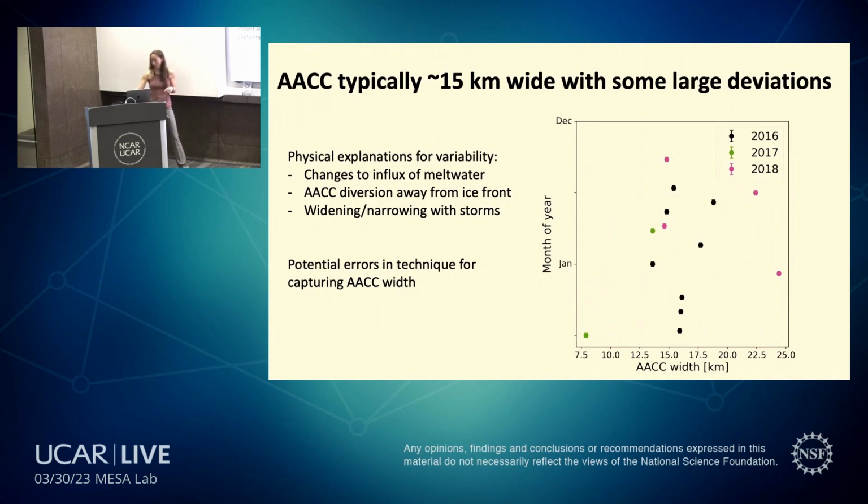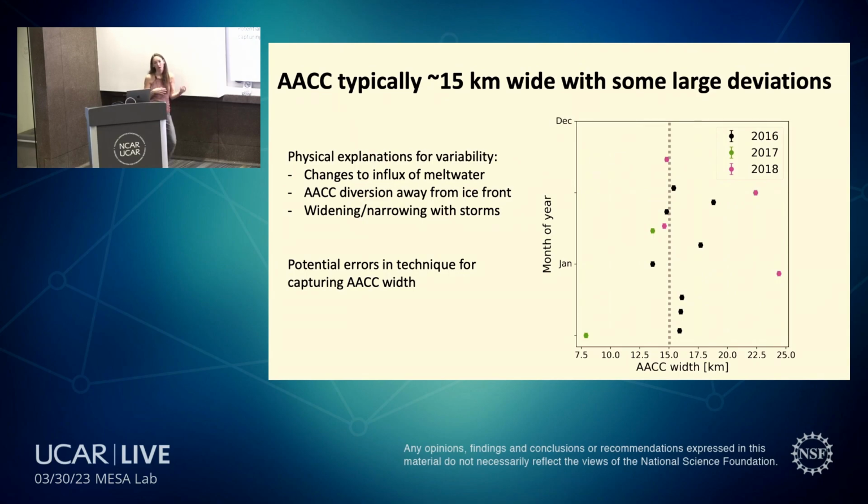And what you may notice is that the coastal current runs about 15 kilometers wide in this area on average, but there's a bit of deviation, and that variability can be related to changes in meltwater influx, to diversions of the coastal current away from the ice front where we wouldn't be measuring it, and widening and narrowing from storms, as well as error from the method, right?